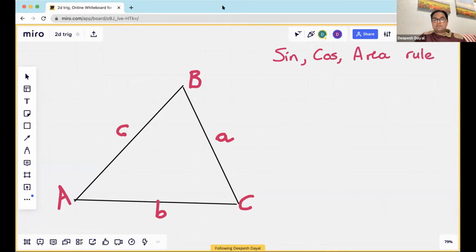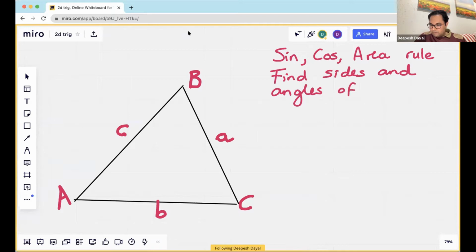So we use these rules to find the sides and angles of non-90-degree triangles, right?